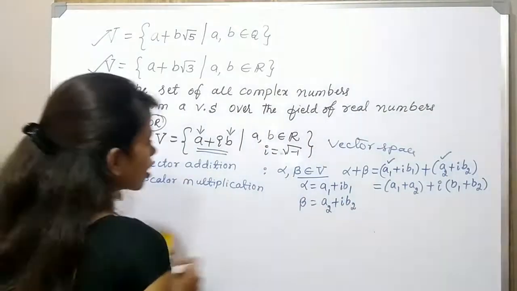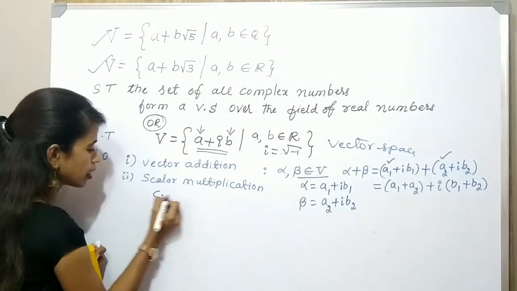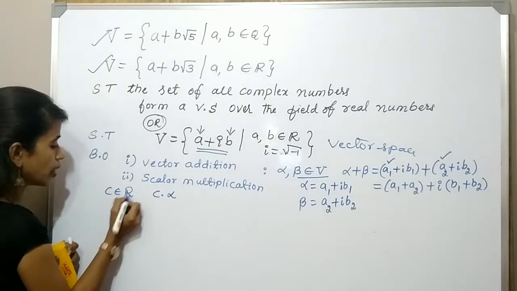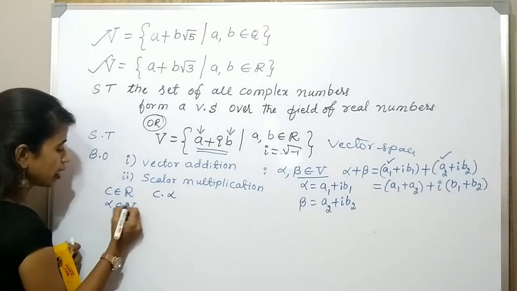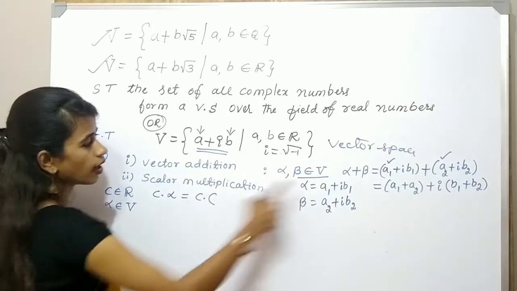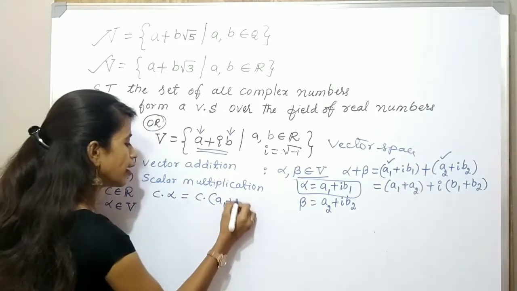Next, scalar multiplication. So what is the scalar multiplication here? C belongs to F. What is that field? Real numbers. And alpha belongs to the set V. C dot alpha is equal to C dot alpha, where alpha is a1 plus ib1.